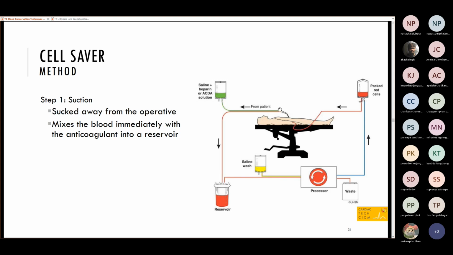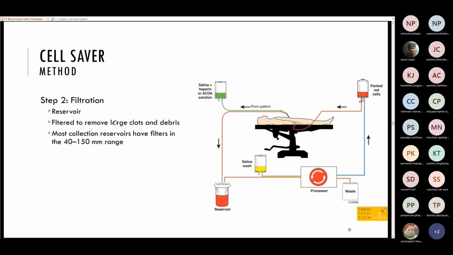Okay, so from the patient, the first step is suction from the patient, going to the reservoir here, mixing the blood with anticoagulant, right? And filtration inside this reservoir removes large clots and debris.